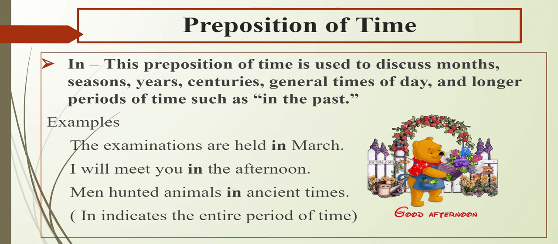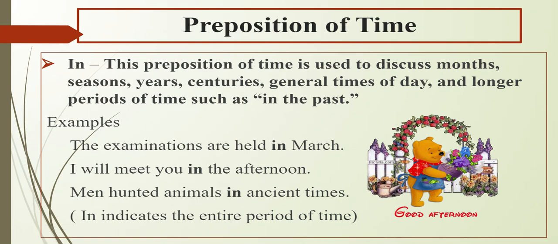So here this preposition in is a preposition of time and is used to discuss months, seasons, years, centuries, general times of the day, and something in the past. So children, here are a few examples: the examinations are held in March.